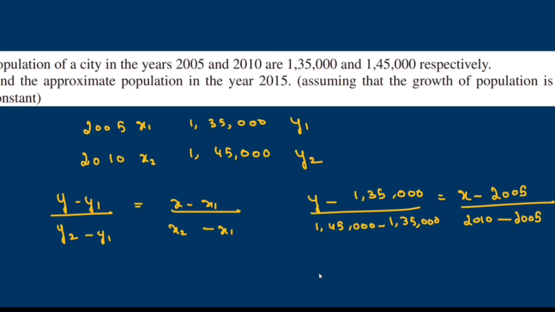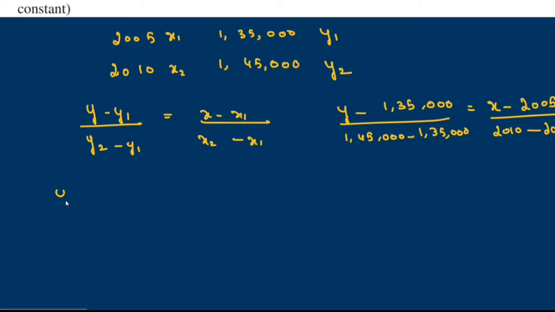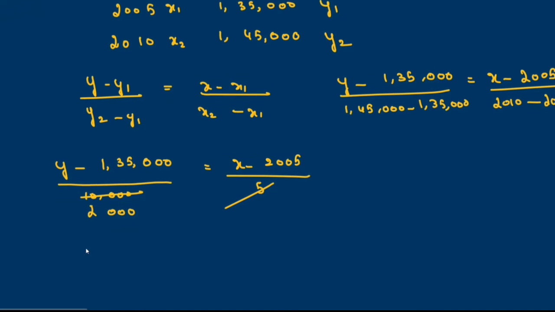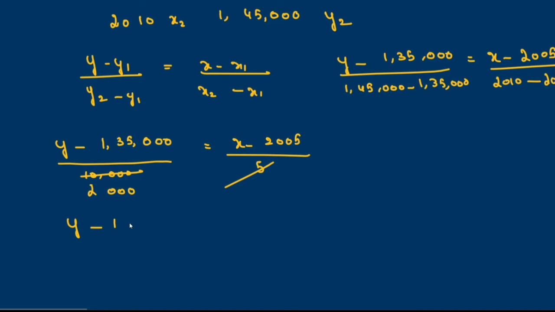So y minus 1,35,000 by 10,000 is x minus 2005 by 5. 5 we can cancel here, 2000. So y minus 1,35,000 is 2000 into x minus 2005.